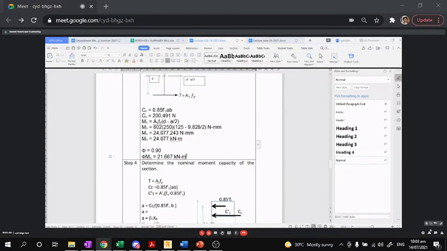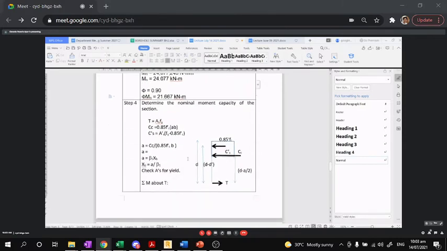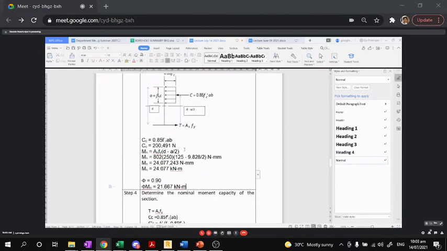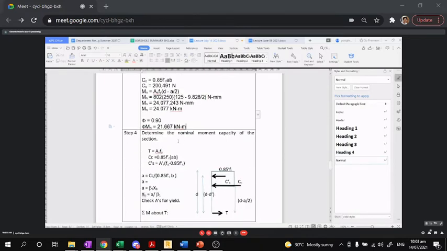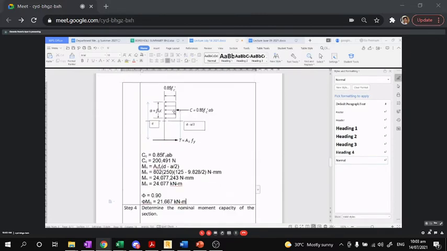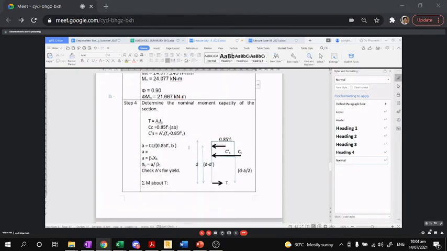So we got the T, actually. When getting the Mn, you put Cc times d minus c over 2. This should have been in step 1.